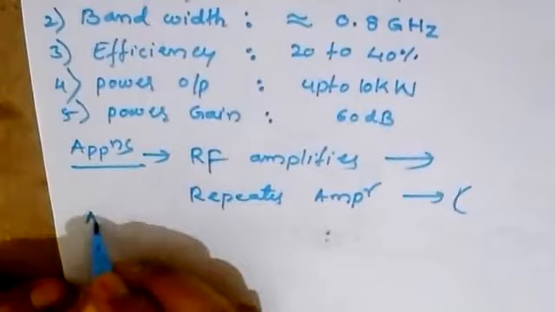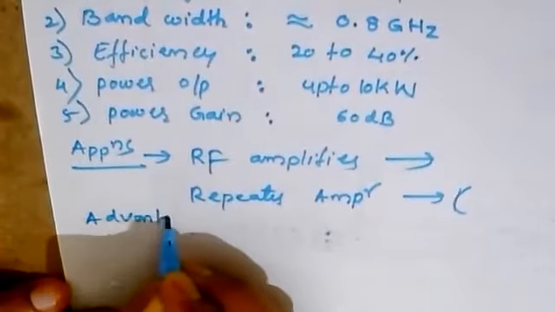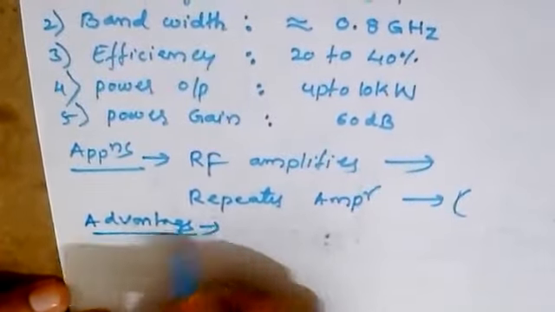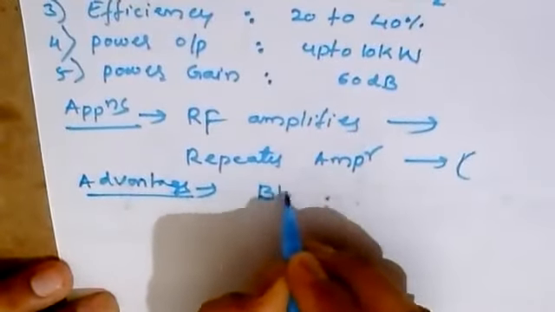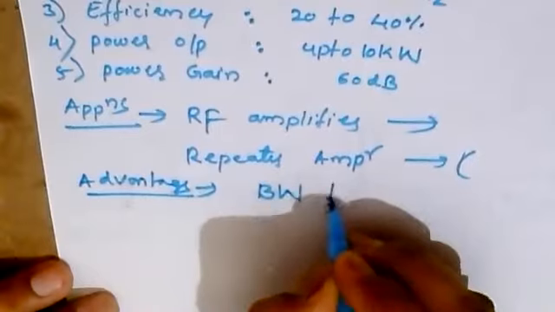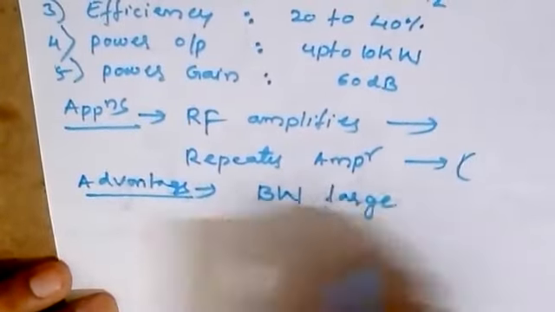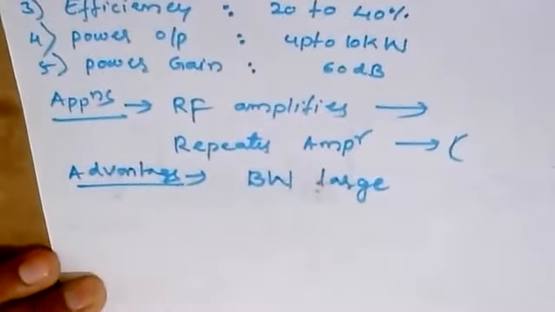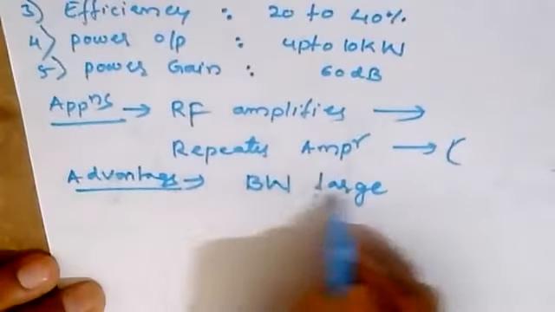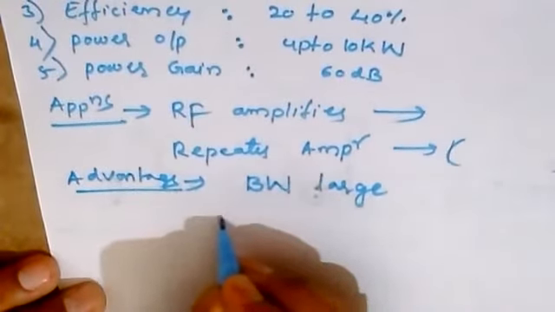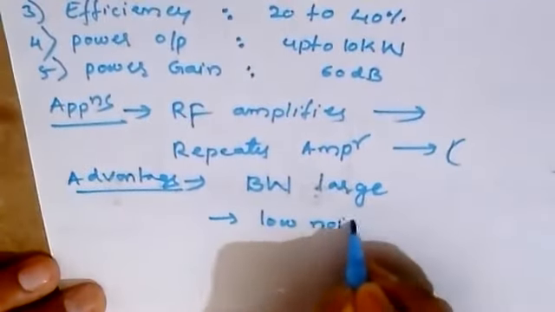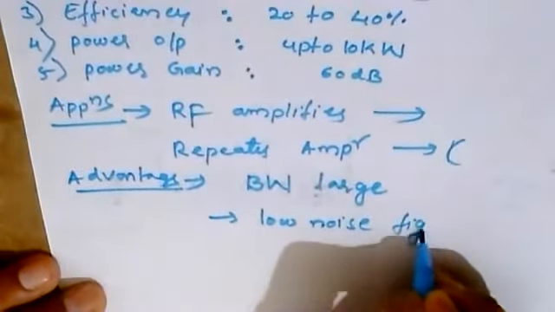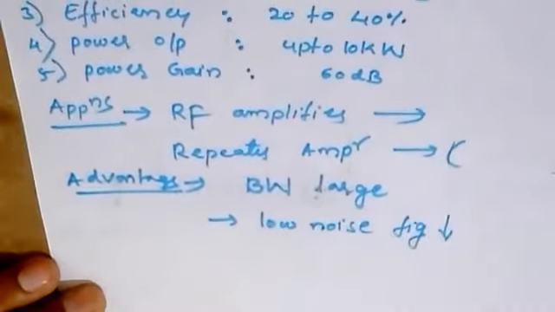And coming to the advantages of these traveling wave tube amplifiers, the main advantage is that the bandwidth provided is very large. It is a big advantage. The traveling wave tube bandwidth is very high, and it has a very low noise figure.